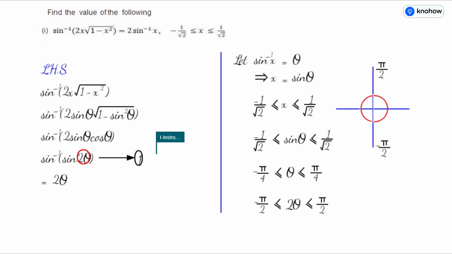If the condition would have been different, it would not be applicable. It looks to be automatic, but it is not that automatic. I'll show you in the next question. So here, replacing back the value of theta, you get 2 sine inverse x. I'll emphasize more on the limit of x in the next part. Thank you.